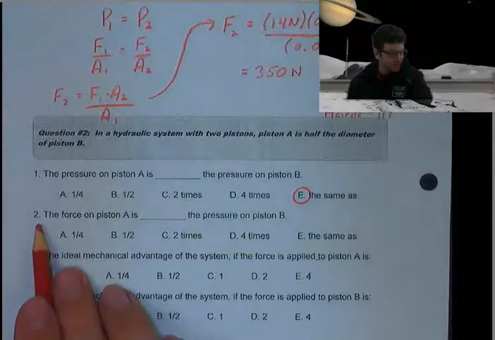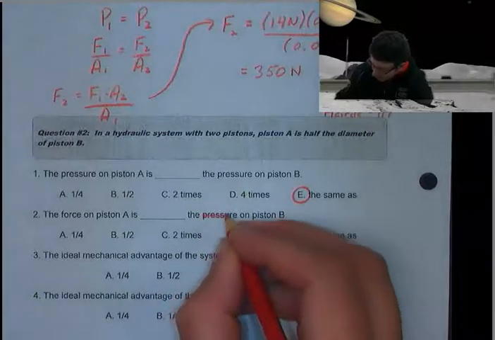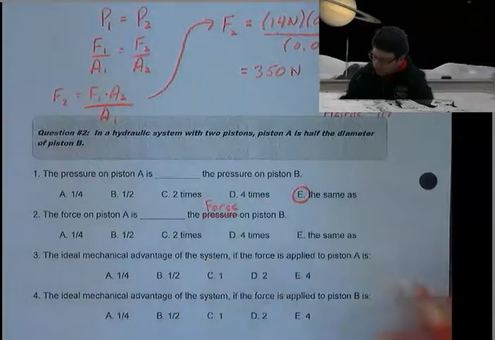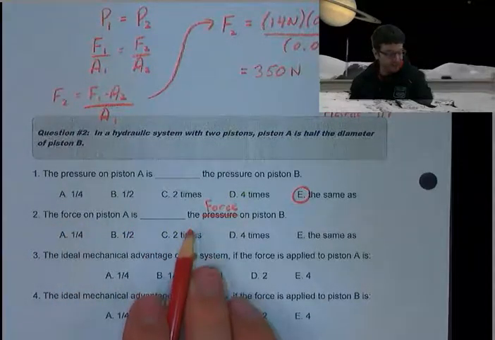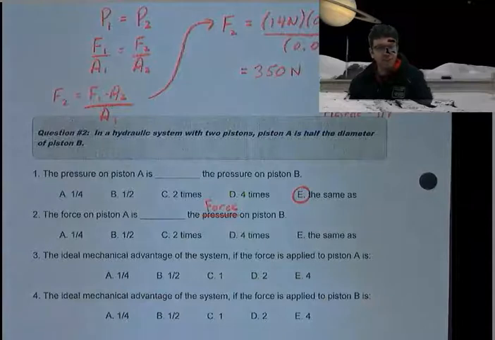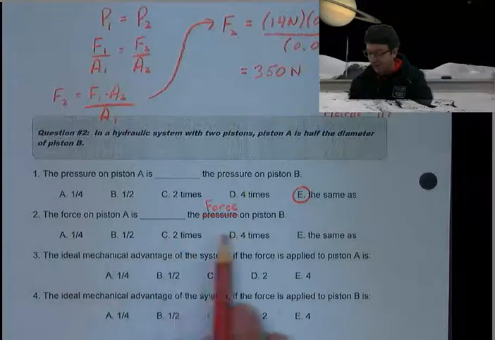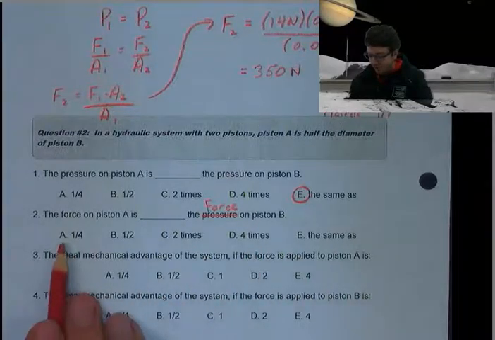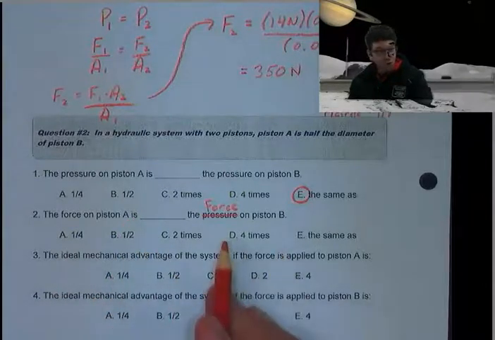All right, question 2. The force on piston A is blank the force on piston B. What do you think? Quarter, half, 2 times, or 4 times? Let's do a little process of elimination first. The force on piston A, is it going to be smaller or larger?